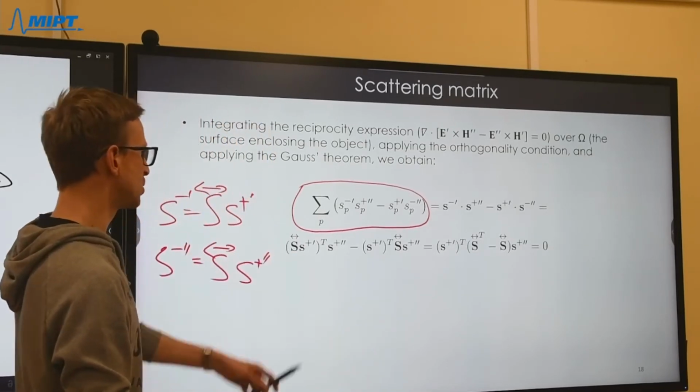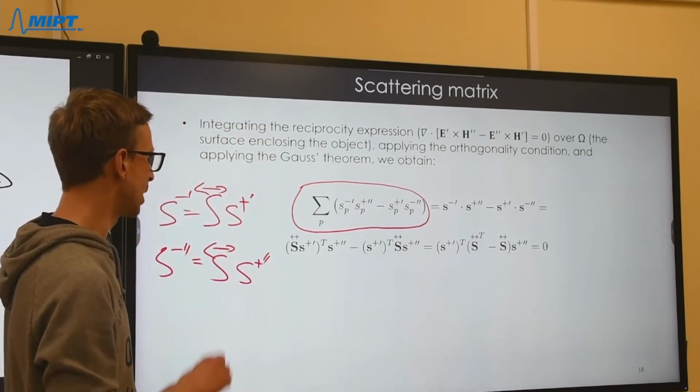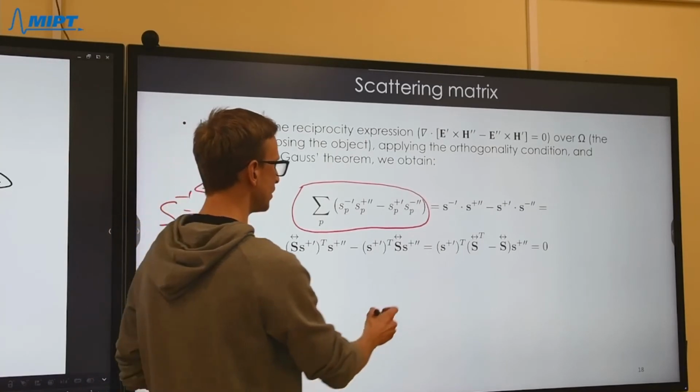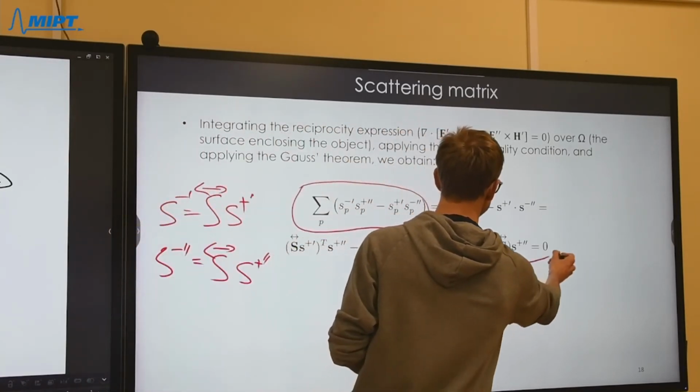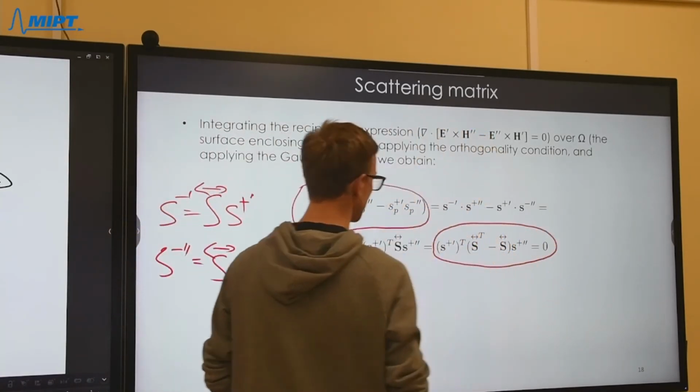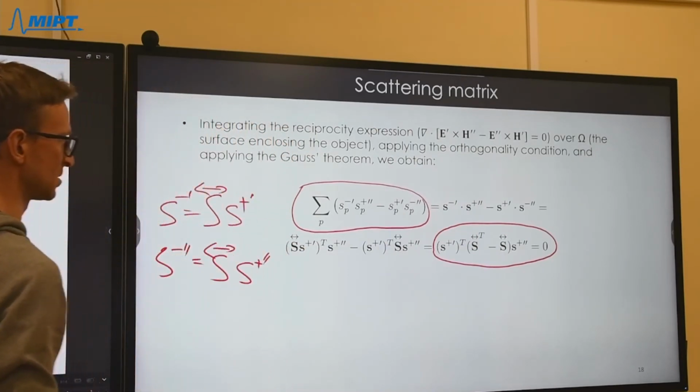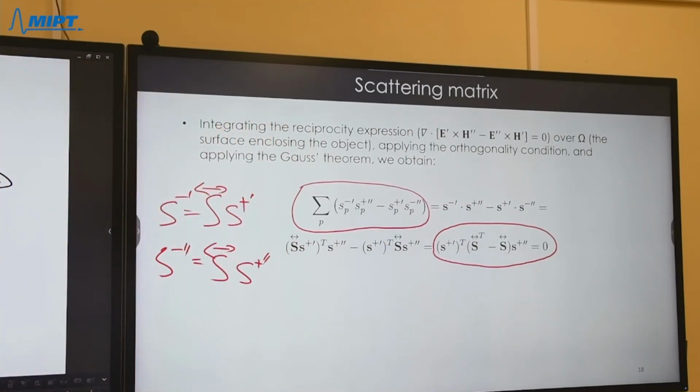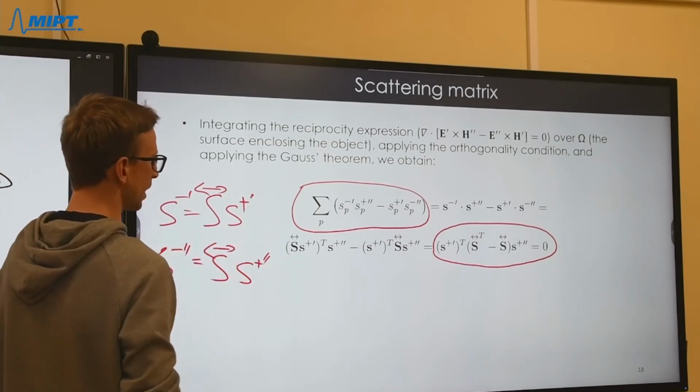And then we do just one more manipulation, and we obtain this. This is the consequence of the reciprocity theorem. We just assumed that the reciprocity theorem holds, and then we did some mathematical manipulations with channels, with Gauss's theorem, and with this sum, all right?